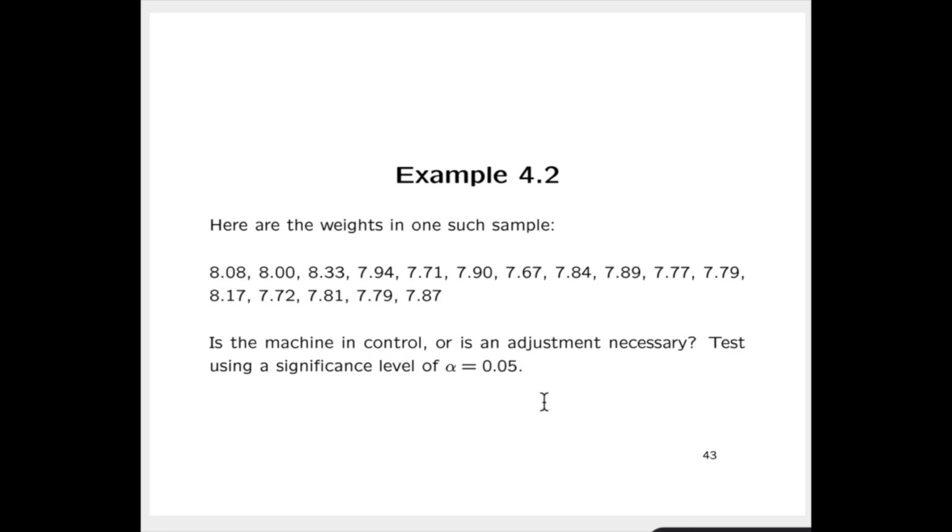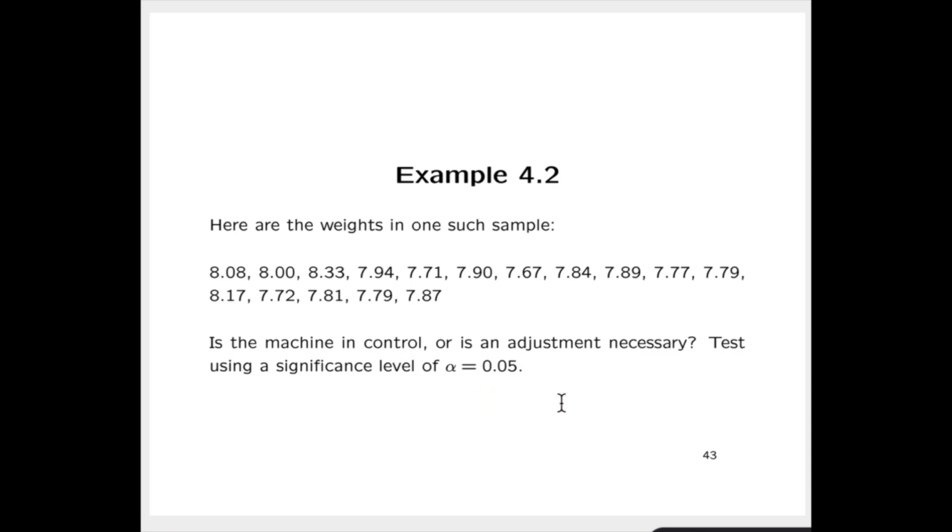In the context of this situation, a type 1 error would be if we shut down the machine unnecessarily. And so we are setting up our decision procedure in such a way that there's only a 5% chance that we will reject the null hypothesis when in fact the machine is working properly.